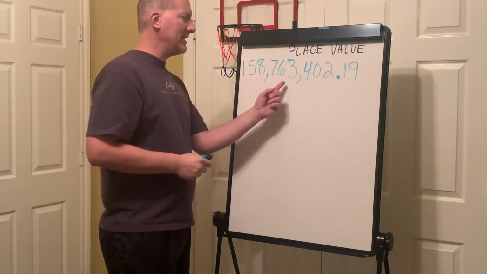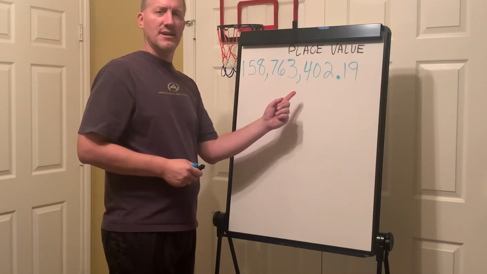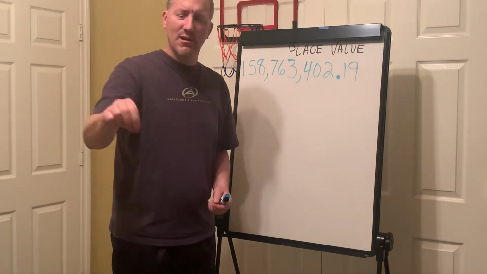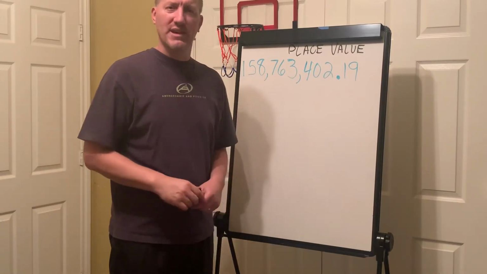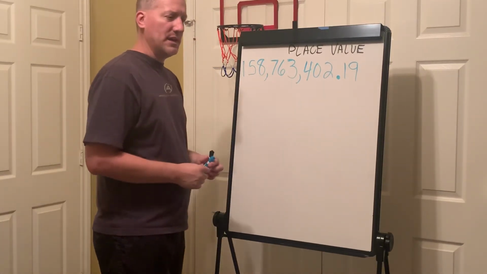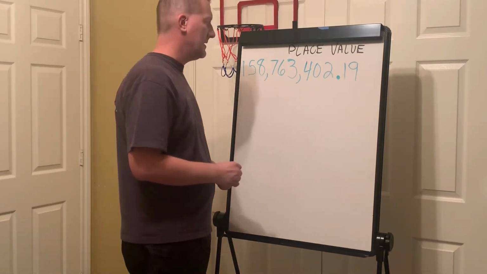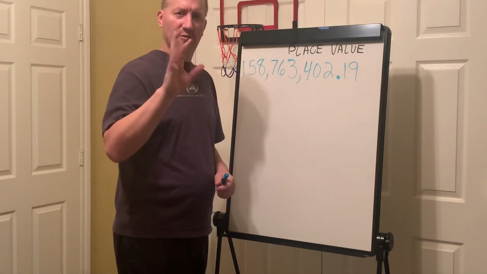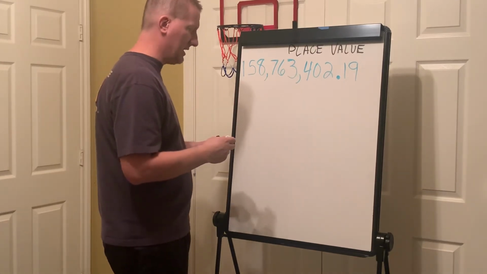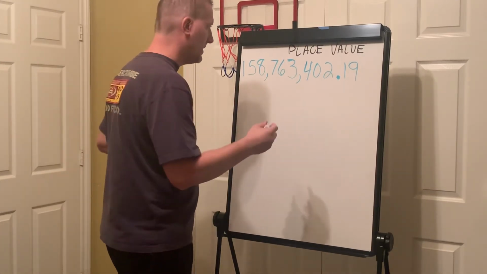So when I point at a digit, you on your paper at home write down what place value you think it is. Okay? All right. I'm going to give you 5 different ones. You see how many you can get right.